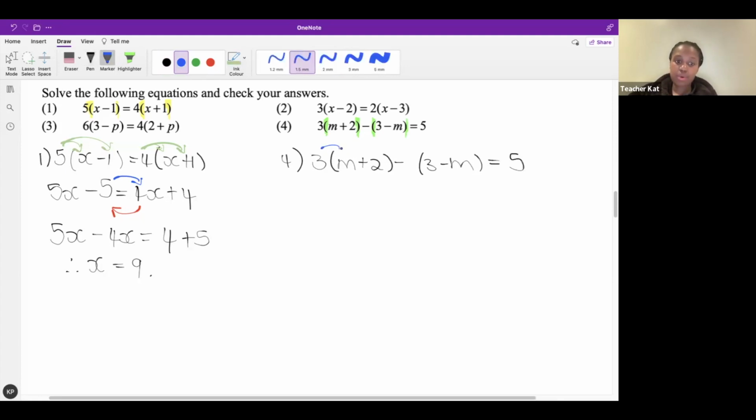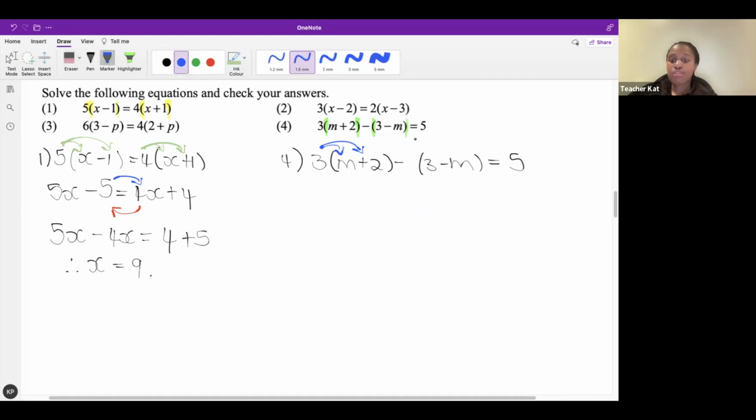I know with here we're going to distribute. Remember, to FOIL, the brackets have to be next to each other. So if it was x plus 2 and 3 minus m, they are next to each other. There's no plus or minus there. But that minus immediately makes it a different term. So we cannot FOIL.